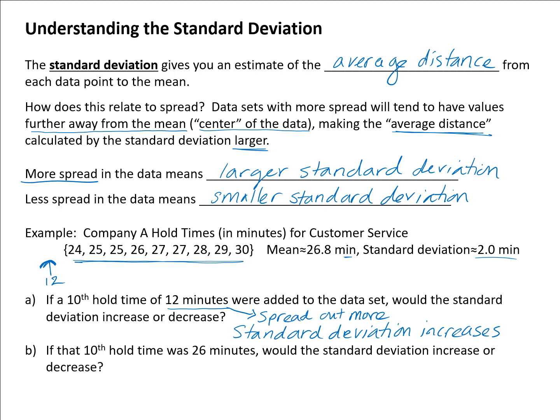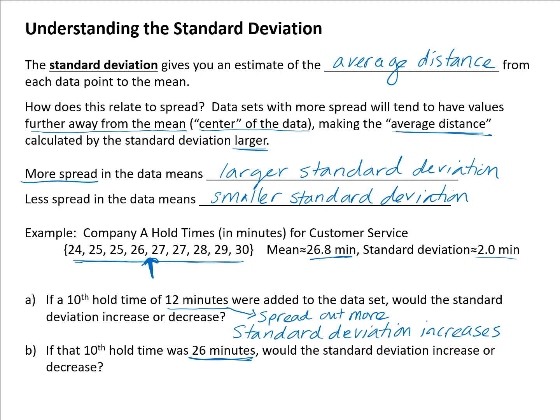All right, what if we had a different value? Instead of 12, let's say our 10th data point was 26 minutes. Think about where 26 is. 26 would be right kind of in the center of that data. So what you have is a value that's close to the mean.